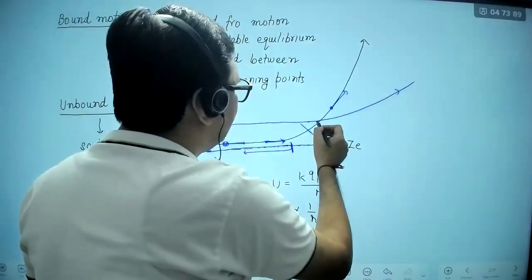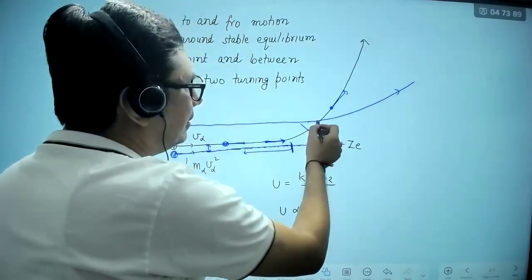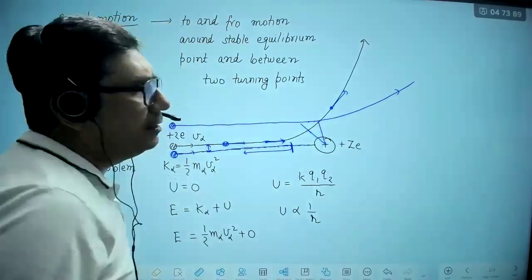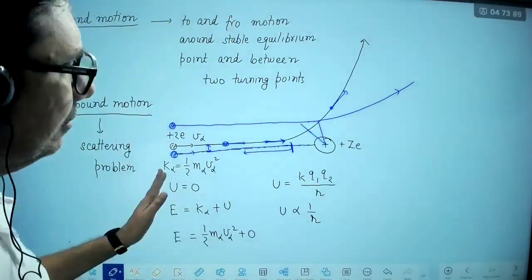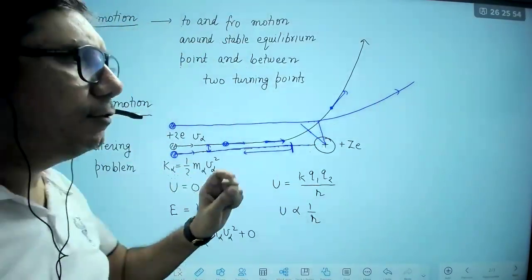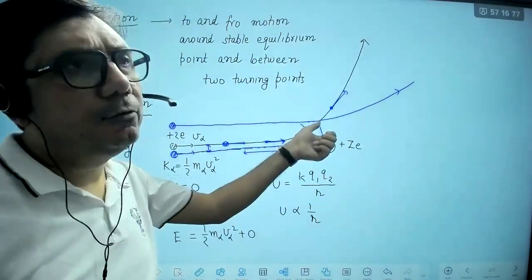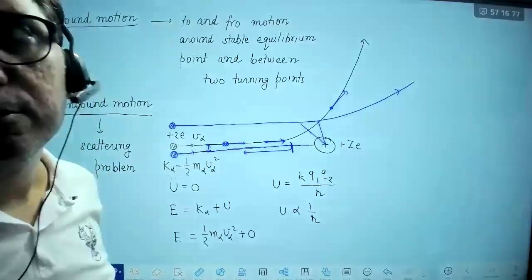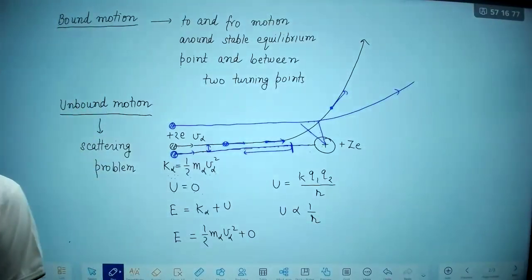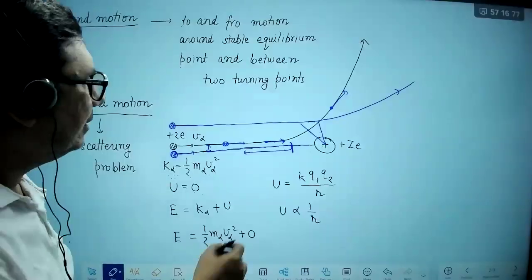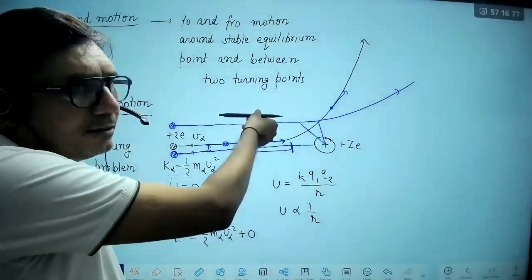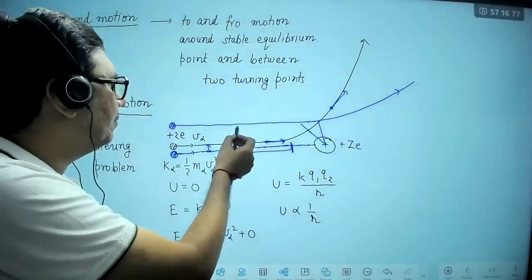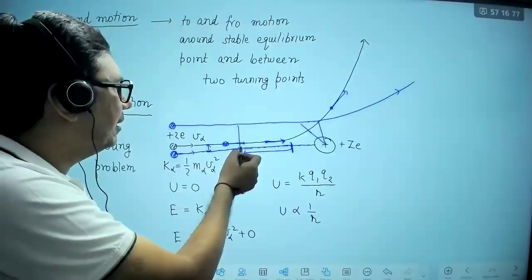For these distances there will be a value of U, and correspondingly you find out the turning point. Is it clear what I am saying? Not only one thing, but other parameters are also playing their role, like the impact parameter and some other aspects.